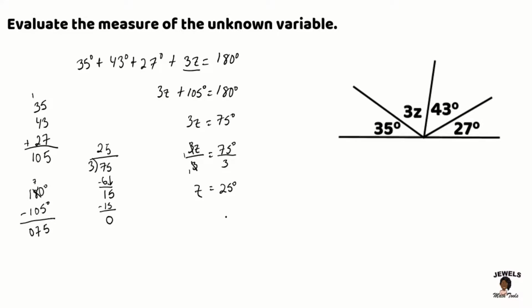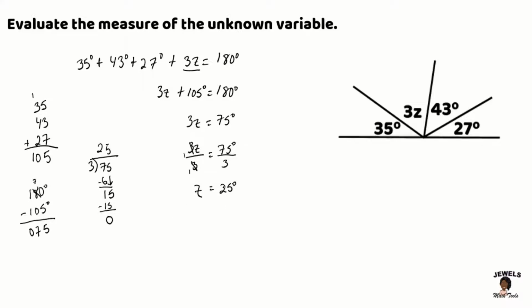Now once we've gotten the measurement for our angle z, this doesn't mean that we are completed. We now need to go back and double check just to make sure that our angles do indeed add up to 180 degrees.